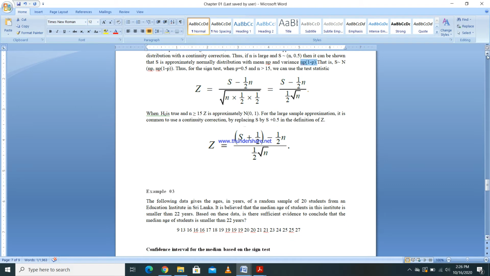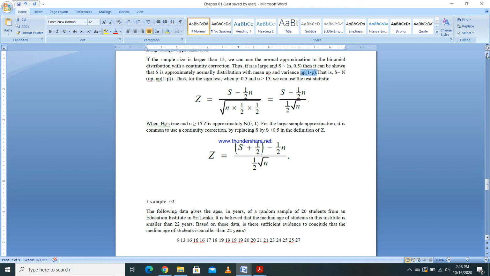It says the following data gives the ages in years of a random sample of 20 students from an education institute in Sri Lanka. It is believed that the median age of students in this institute is smaller than 22 years.